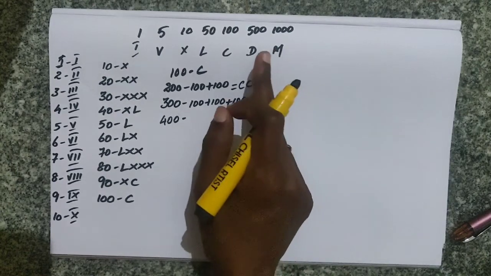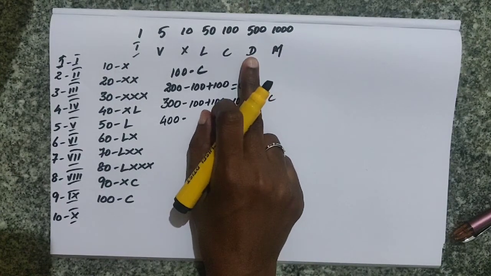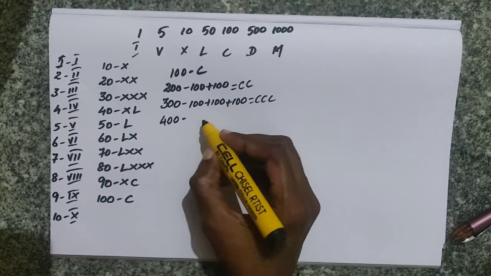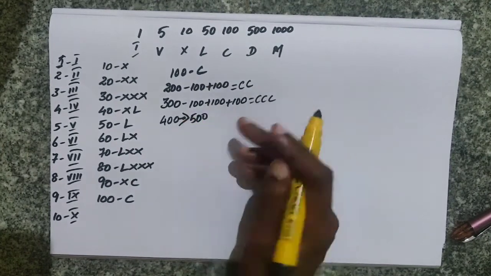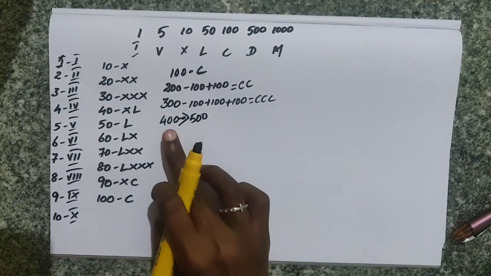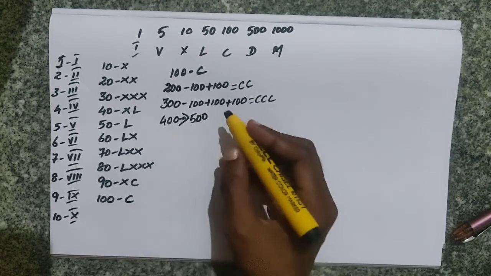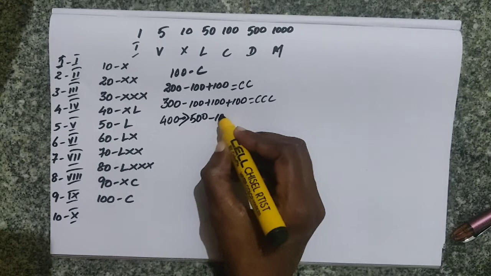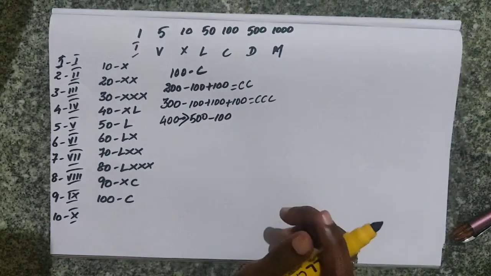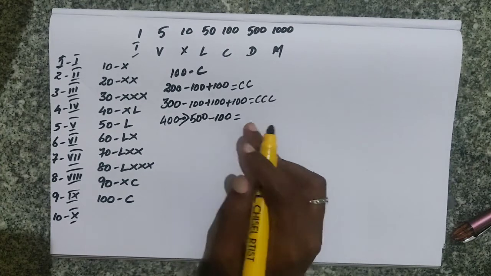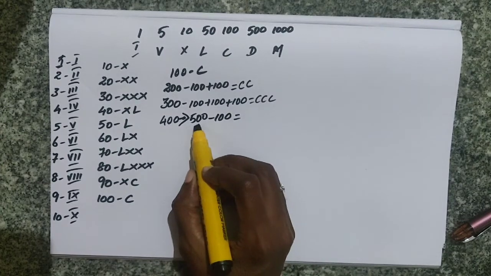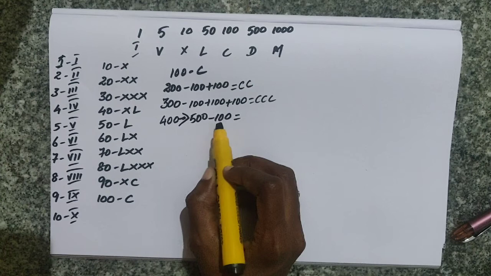The next highest Roman numeral is D, that is 500. So we will go with 500. From 500, if you subtract 100, you will get 400. So according to the rule of subtraction, this is a bigger numeral, and this is a smaller numeral.